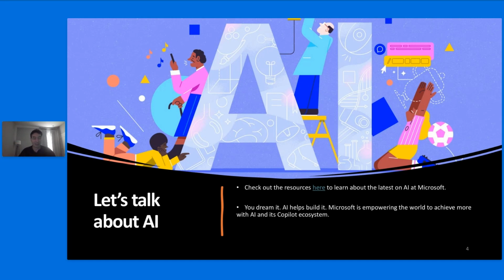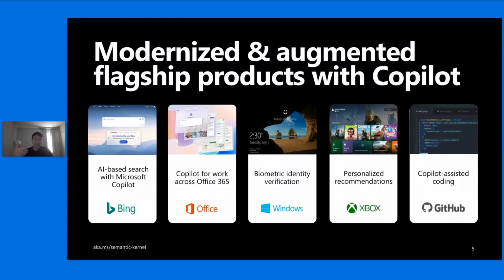Okay. So let's continue here. If you see here, Microsoft is putting AI everywhere, in the search, in the office. You remember this big announcement about Copilot everywhere that can help you to create a Word document, a PowerPoint.